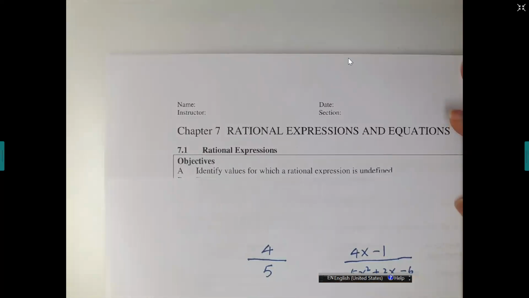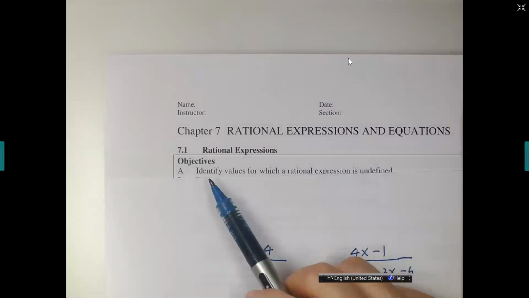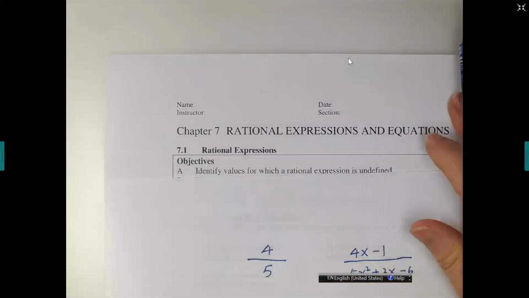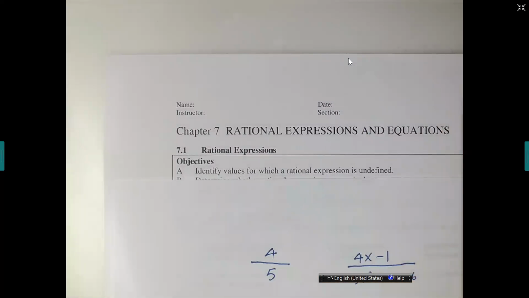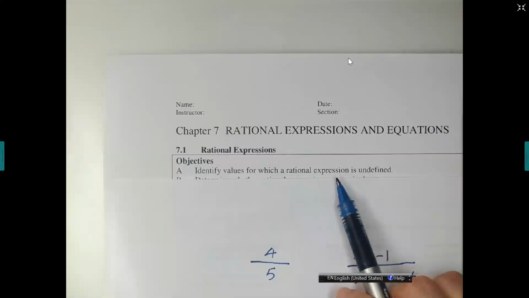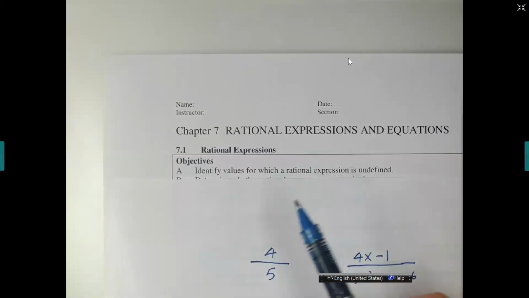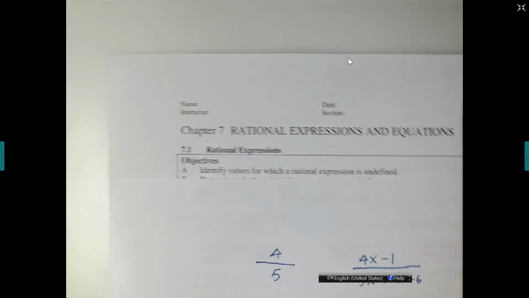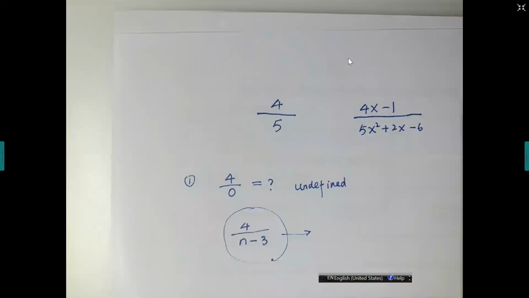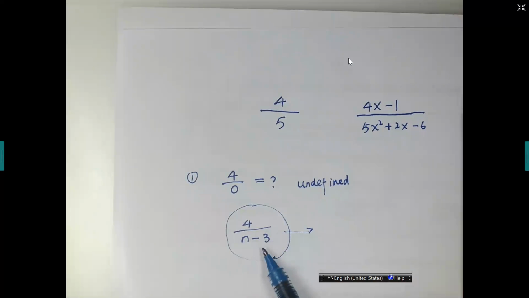So the first typical problem will be identify values for which a rational expression is undefined. If we are given one rational expression, we want to find out what value for that variable will make this rational expression undefined. What do we do? We know when the denominator is 0, then this expression will be undefined.